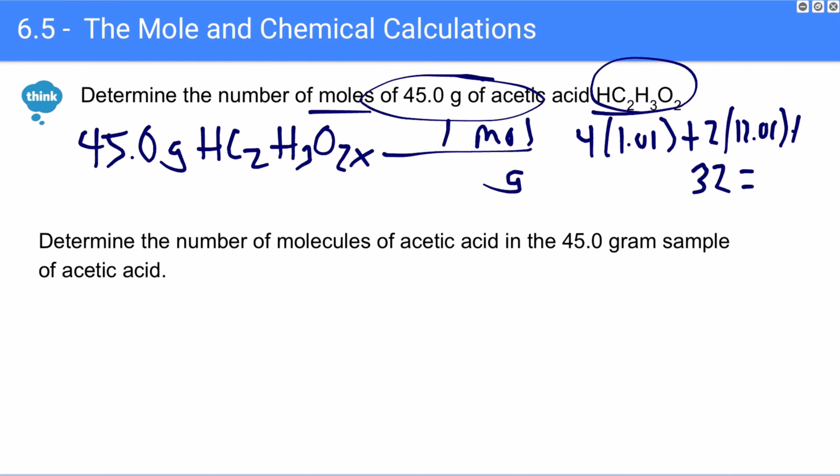So 60.06 is our molar mass. All right, and then we just do our math here. So 45 divided by 60.06, round to 3 sig figs. So 0.750 moles of acetic acid.